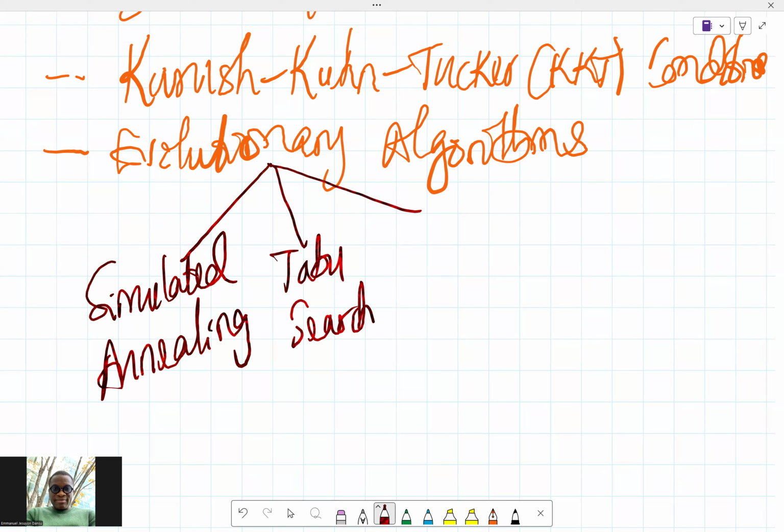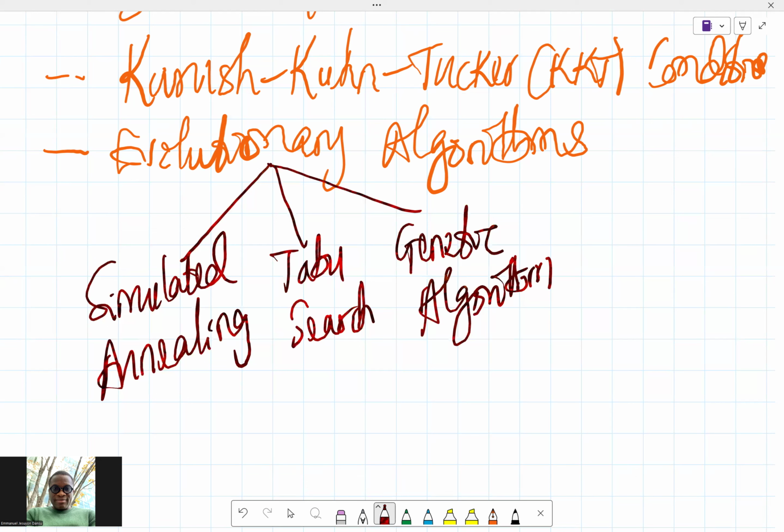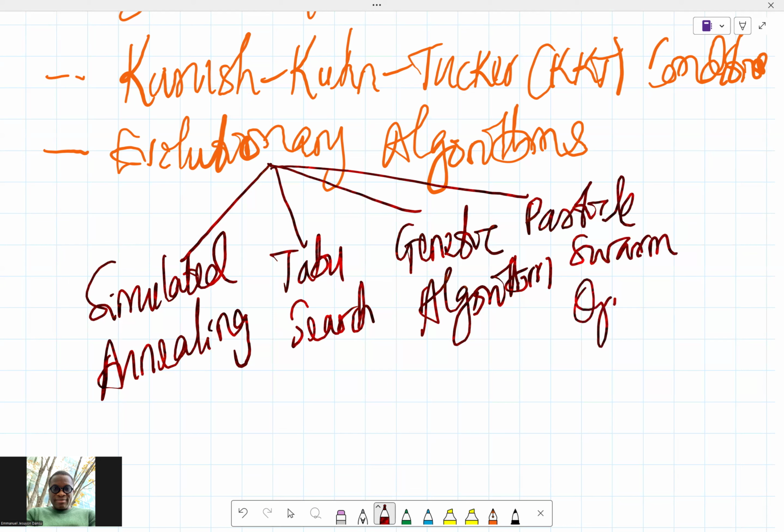Because of that memory, we don't revisit eliminated possible solutions. After that, we've seen the genetic algorithm, under the derivative-free methods for numerical optimization techniques. And after genetic algorithm, we saw particle swarm optimization, which takes a cue from how birds flock together and how fish school together as they swim.